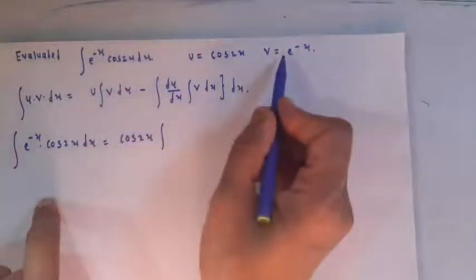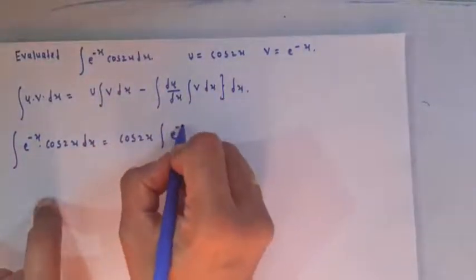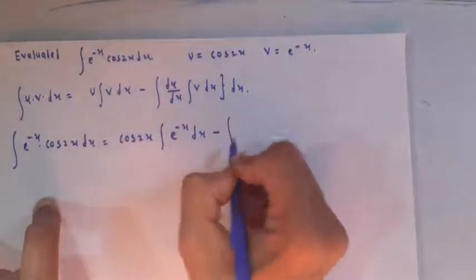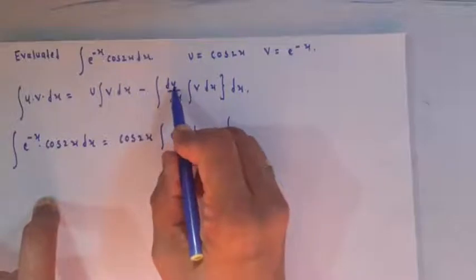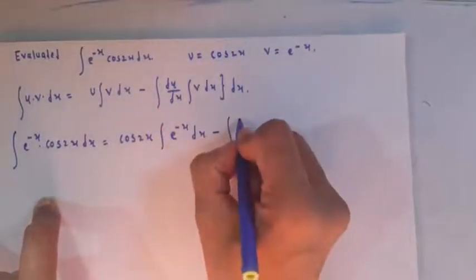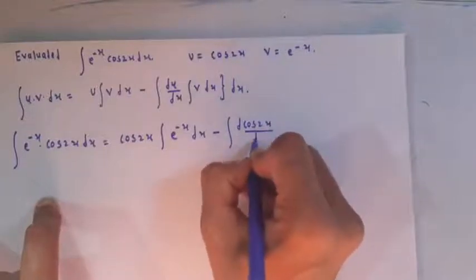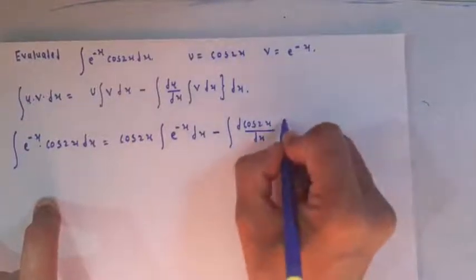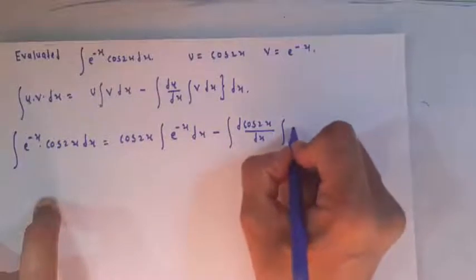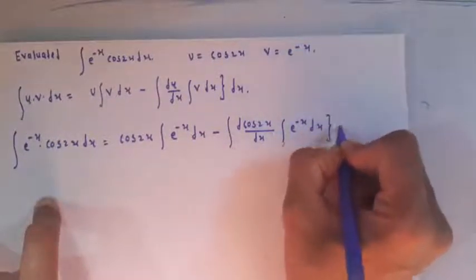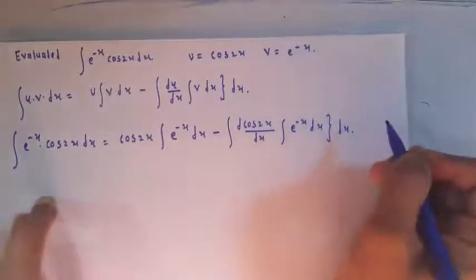Now integration of v, means integration of e raised to minus x with respect to x, minus integration of differentiation of cos of 2x with respect to x into integration of e raised to minus x with respect to x, and whole with respect to x.